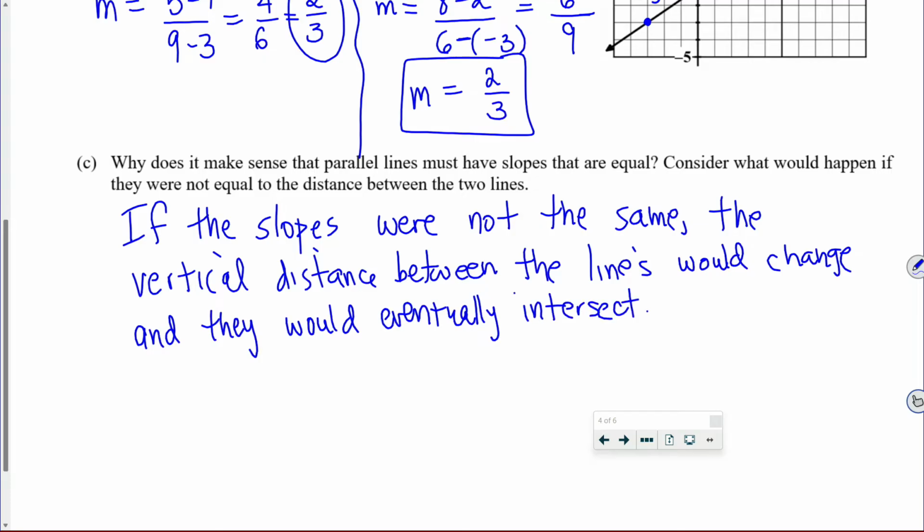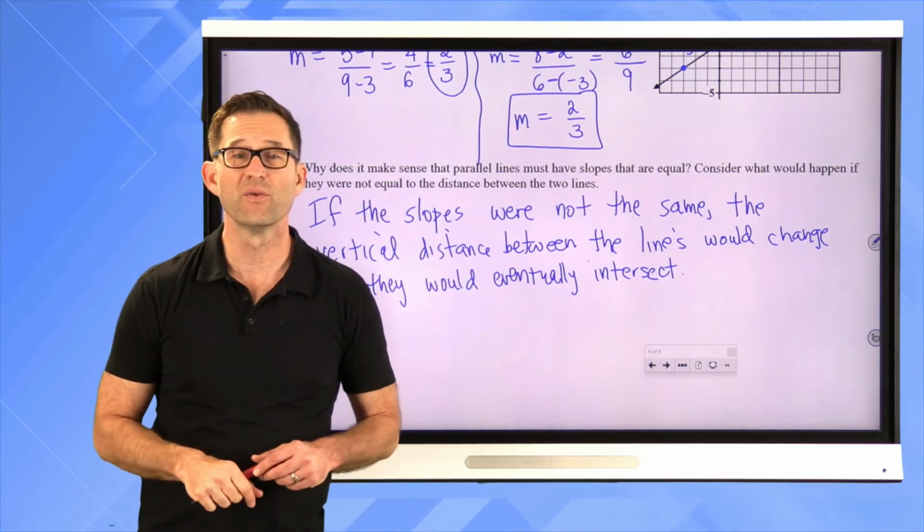Because eventually that vertical distance would shrink down to 0, and then the two lines would hit each other.